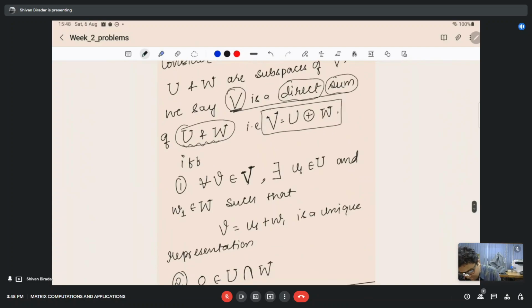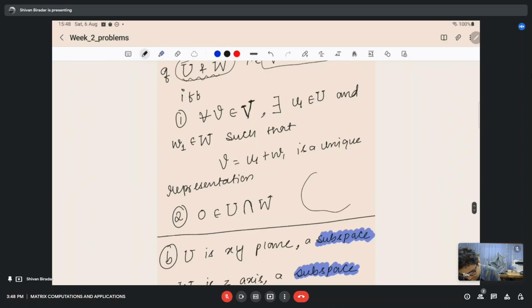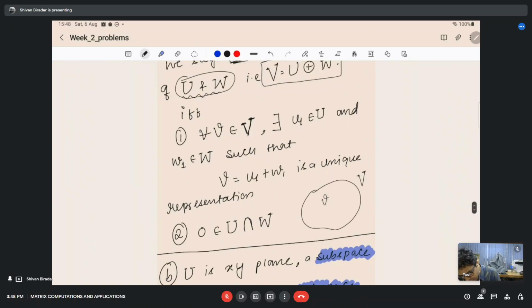Now the important point here is that let us say I have a vector V in a vector space V. If V is the direct sum of two subspaces U and W, then this vector V can be expressed as the summation of two vectors U1 and W1.